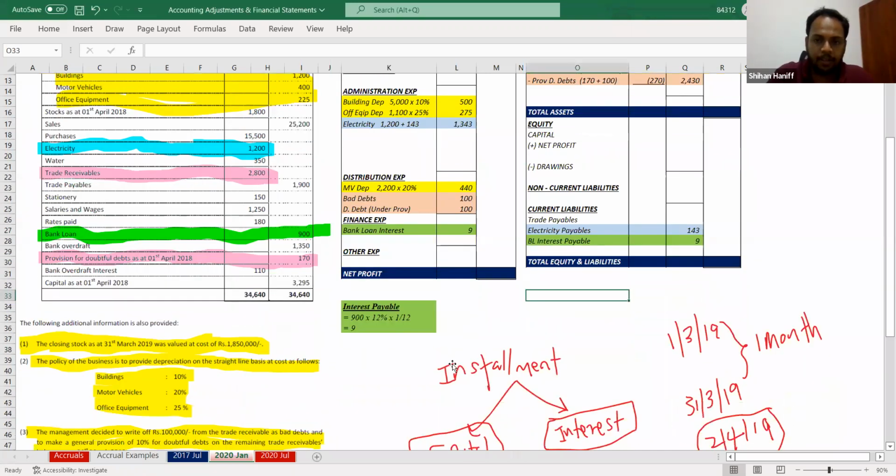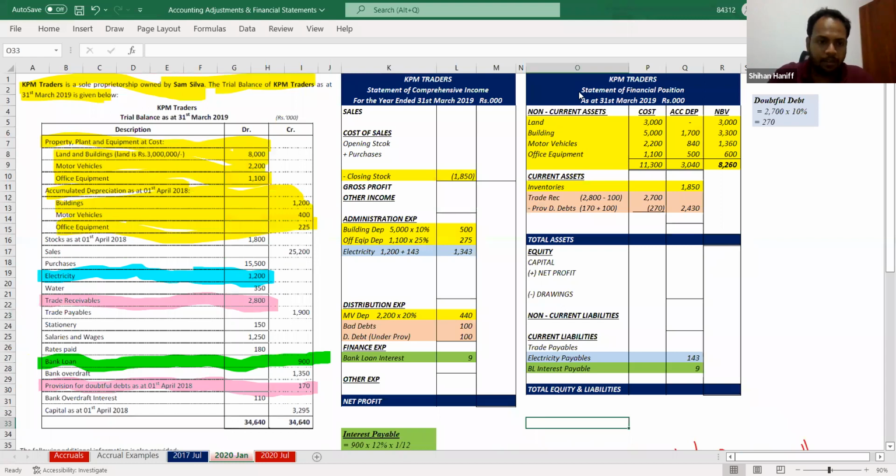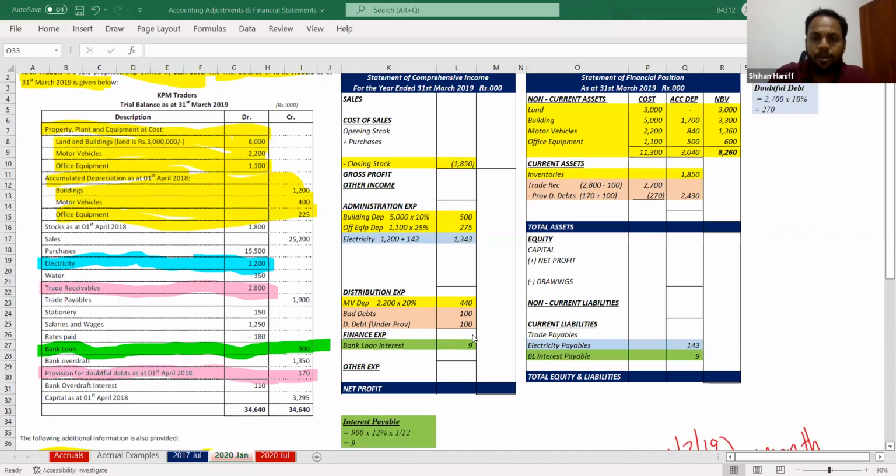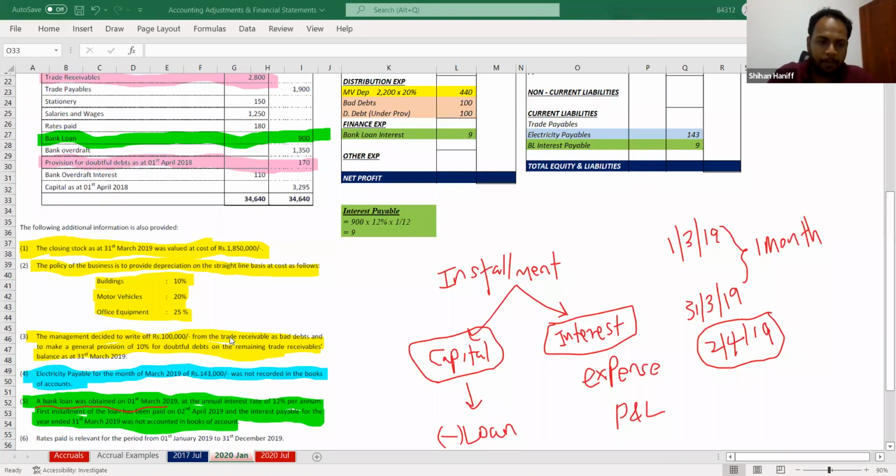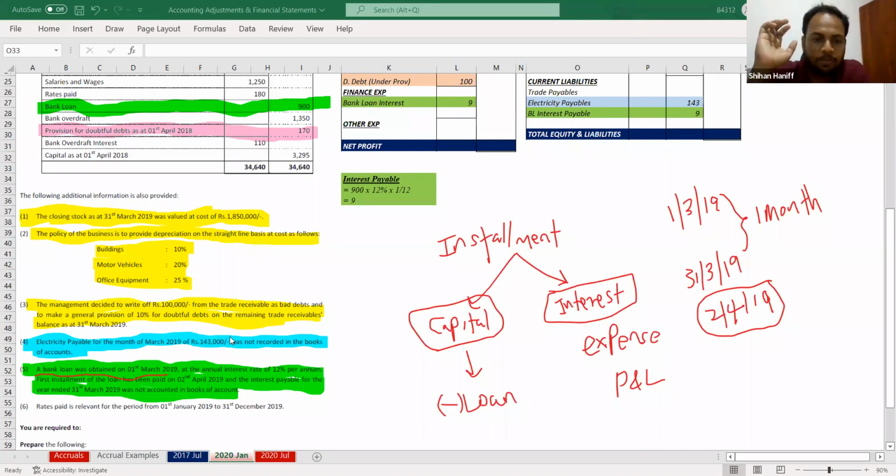There is a question. Can you explain the interest payable? So for interest payable, always check the date that you obtained the loan. When did you take the loan? From that date to the year end, you see the time duration.